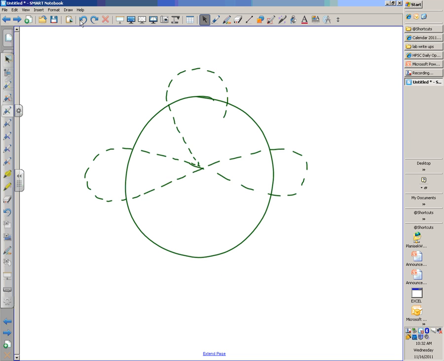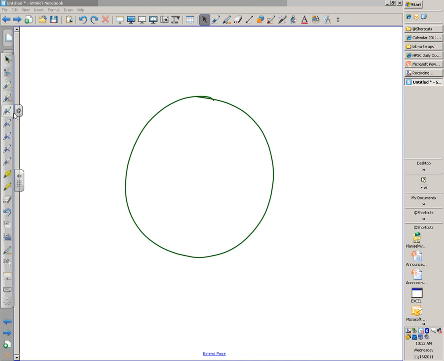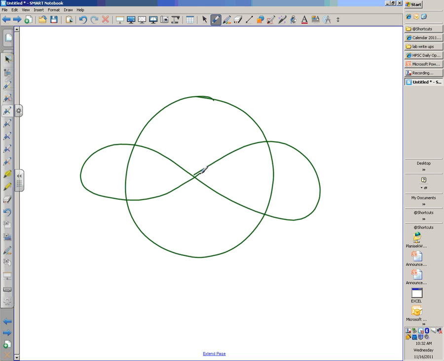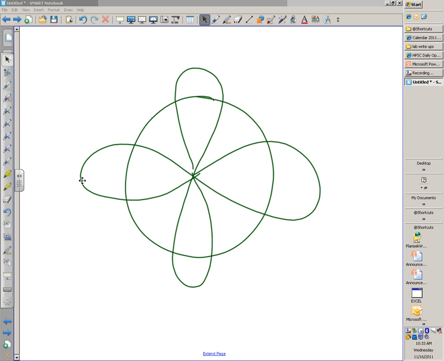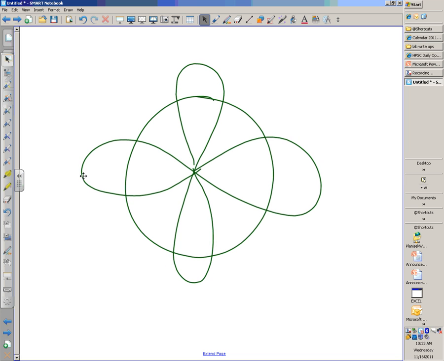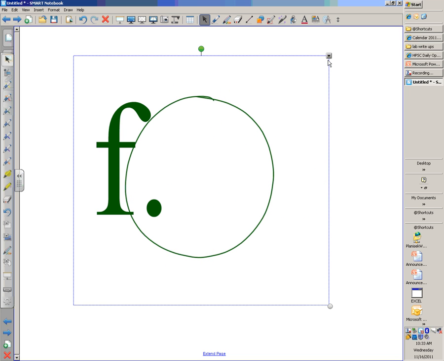I have to make it solid. Okay, n equals 2, l equals 1. Because this one is still a figure eight, on both sides.